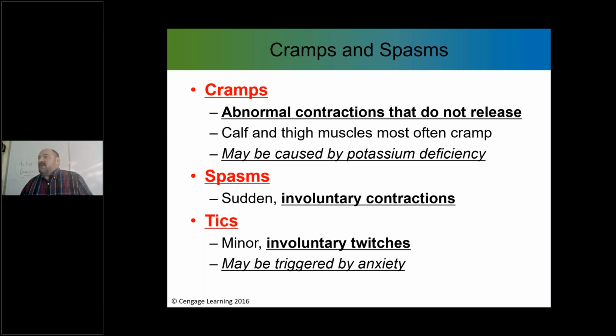These are involuntary. The person is not doing it on purpose. We'll talk about that more in the nervous system. It can also be exacerbated or triggered by anxiety in those that experience this.